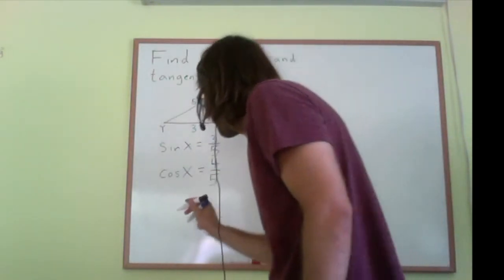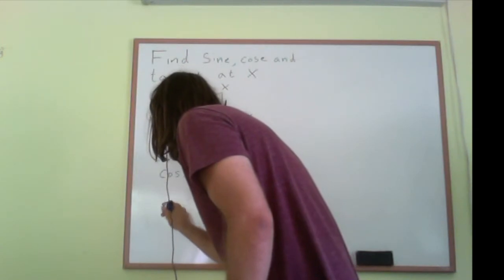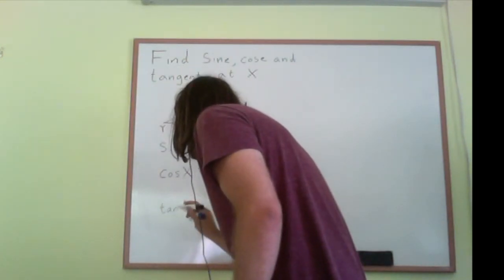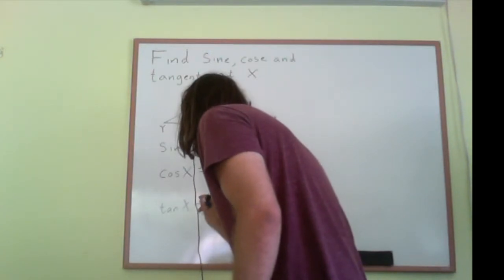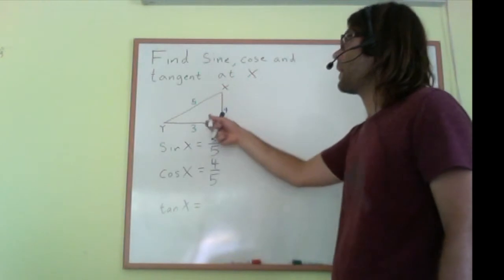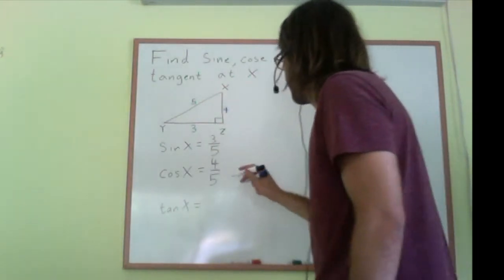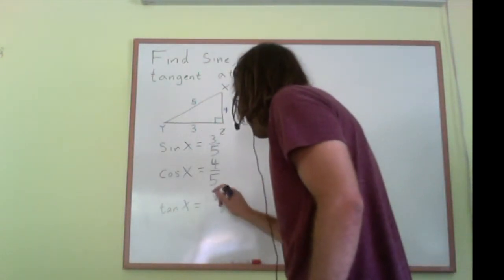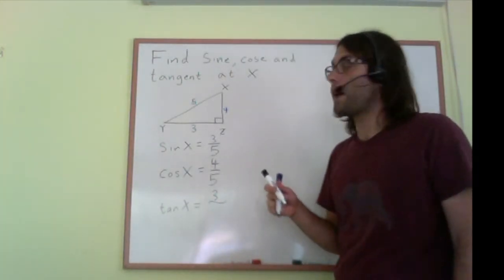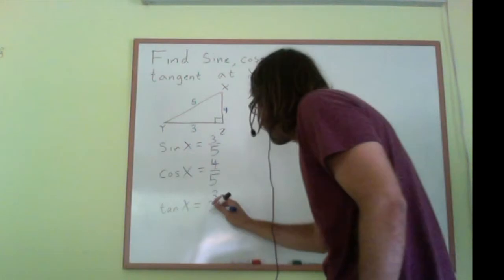Tangent of x is going to equal the side opposite x, which is 3, over the side adjacent to x, which is 4.